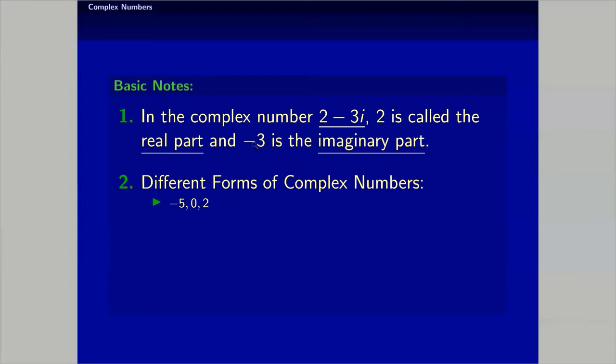Because we can write them in a plus bi forms, right? Even 0. 0 is equal to 0 plus 0i. So, 0 is a complex number also. So, anong tawag kapag ganito yung form ng complex numbers? They are called real numbers.